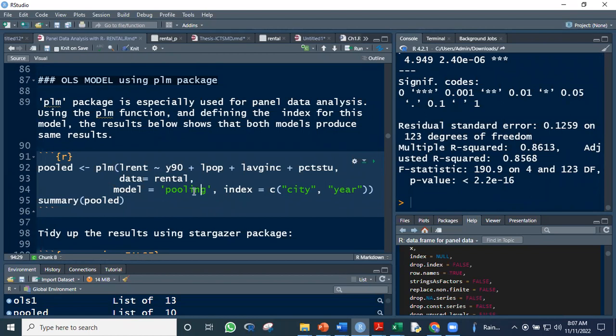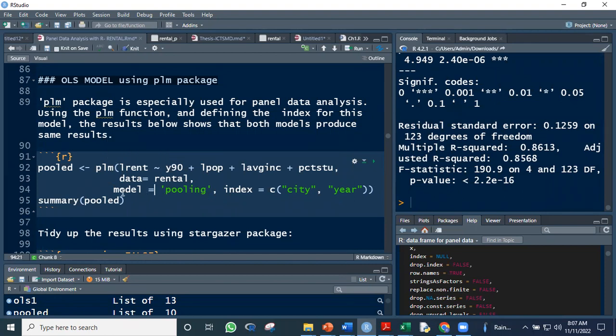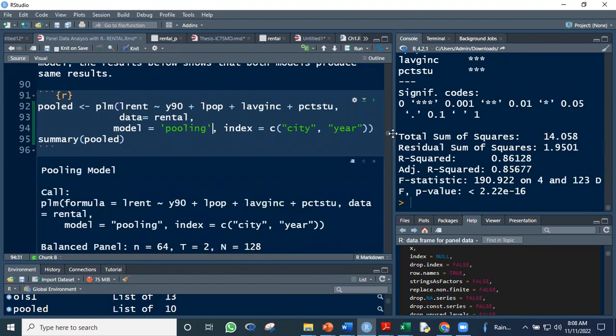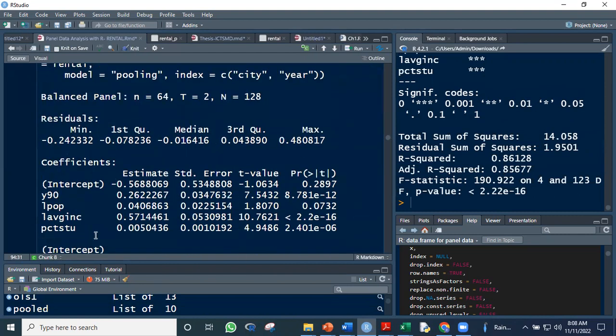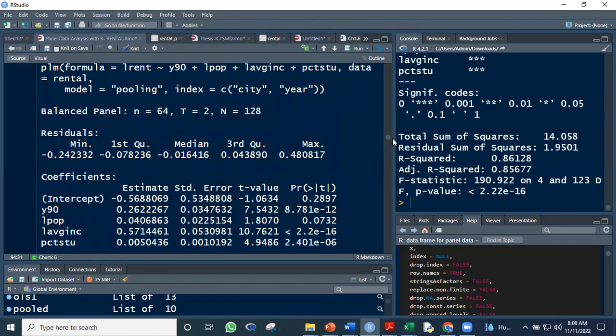So you can use the plm function for OLS by defining it to be pooling. If we run this, we created this object called pooled. You'll have the same result as in the OLS.